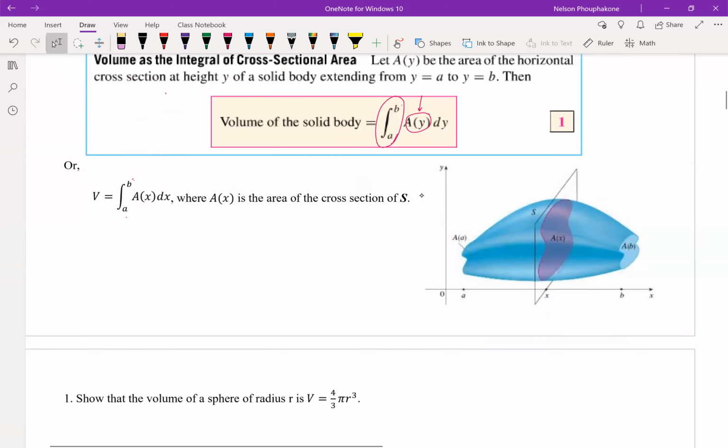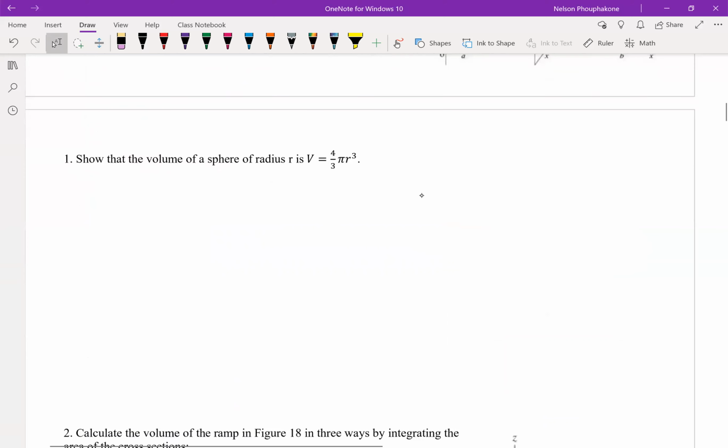Just like this. Right now, I would like to show how we find the volume of a sphere of radius r, which is V equals 4/3 pi r cubed.